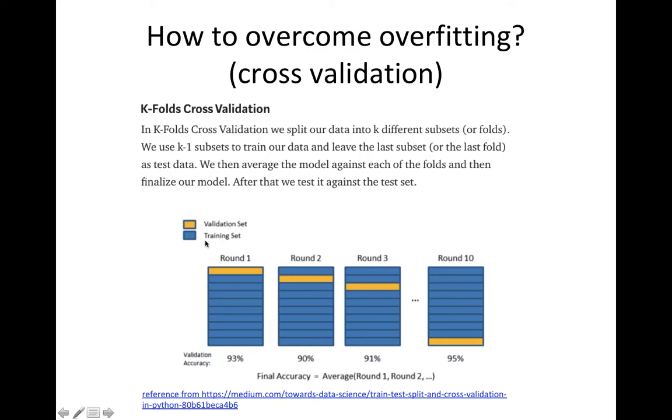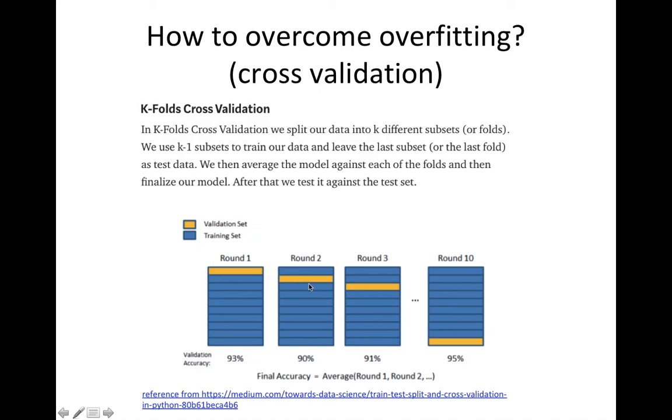Let's suppose these data are your seen data, and if K is 10, then you have 9 subsets of train data and 1 subset for validation. You train with these 9 subsets and test against this yellow subset here. This is the first round, and in the second round you use another validation set, this yellow part, and train using the other blue sets.